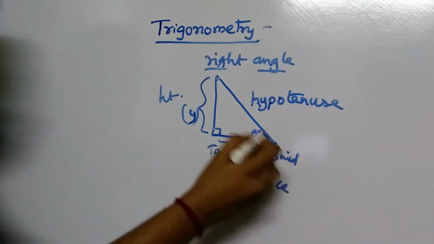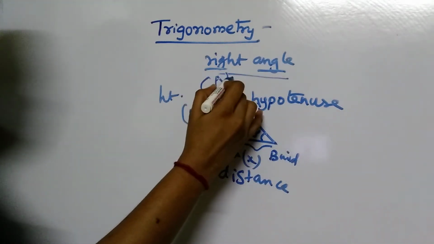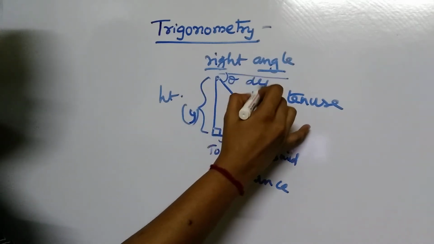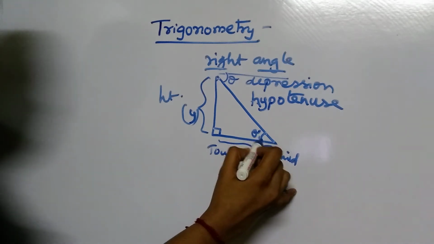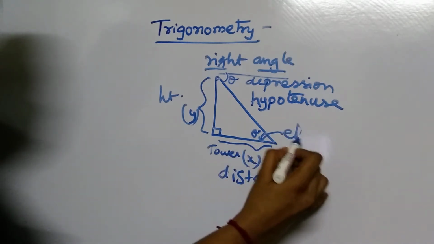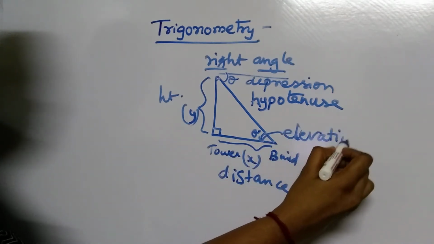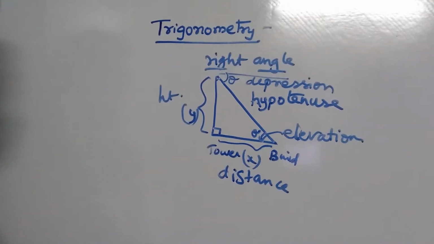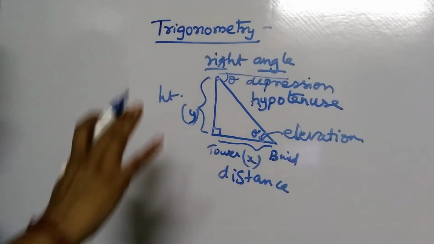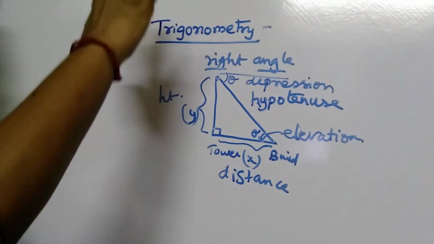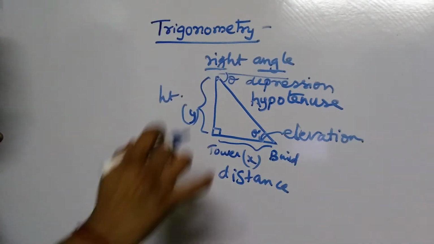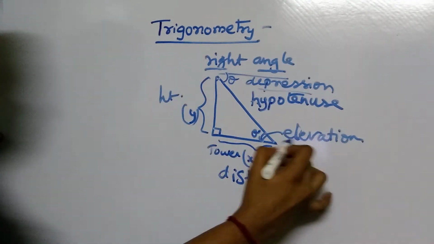From top to bottom, your viewing is called depression. You can convert it from depression to elevation. So this angle is your elevation. Escalator, elevator: we are moving from down to up, right? Again from top to bottom, that is elevation and depression.